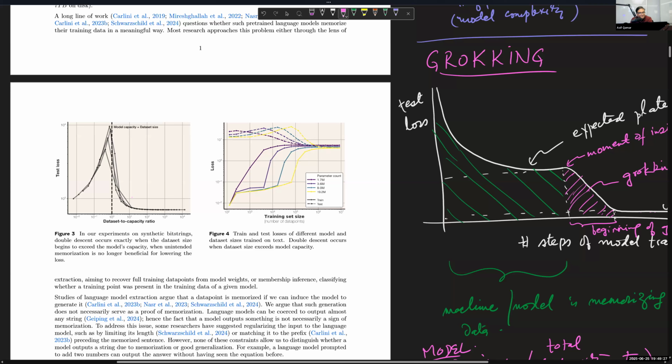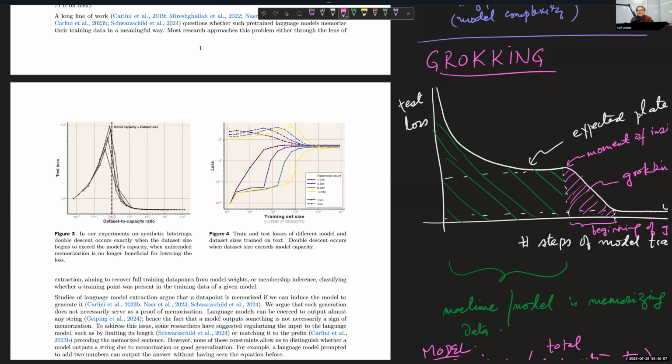This refers to the double dip, data set to capacity ratio. So now, if it has a capacity, what would the capacity be? The model size times 3.6, approximately. So if you take the data set to capacity ratio, when the data set is much, much bigger, or begins to reach, look at this point.